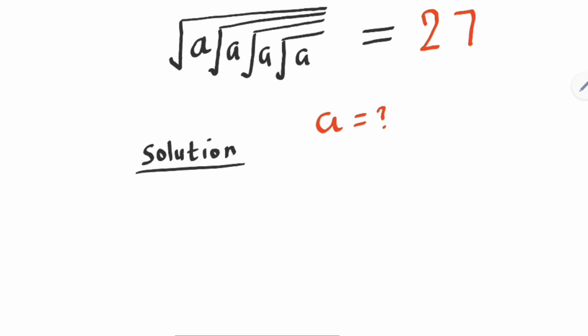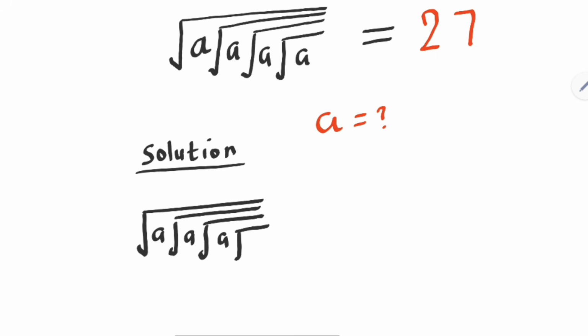We have the given equation square root of a, square root of a, square root of a, square root of a is equal to 27. Let us take the square of both sides of this equation.